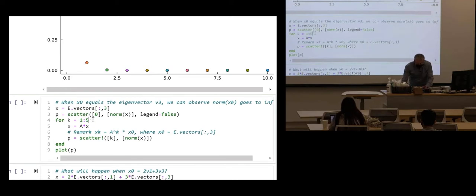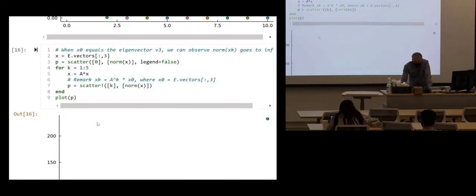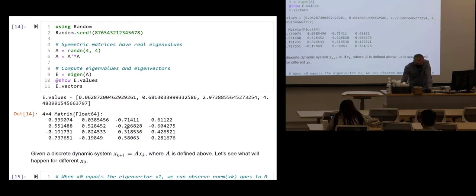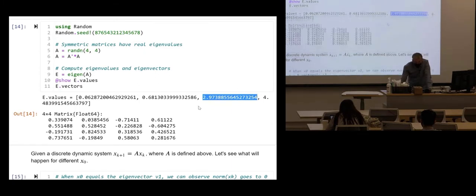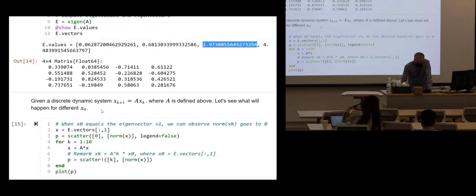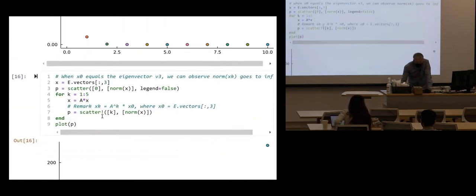Here, I changed it to 5 instead of 10 because it blows up so fast. Okay, so this is the third eigenvector. We don't care about these numbers so much as we care about this. This is the amplification factor. So let's call it 3. 2.97, that's 3 for an engineer. So each time we go through the loop, we're multiplying the vector by A. It's the same thing as multiplying by the eigenvalue.